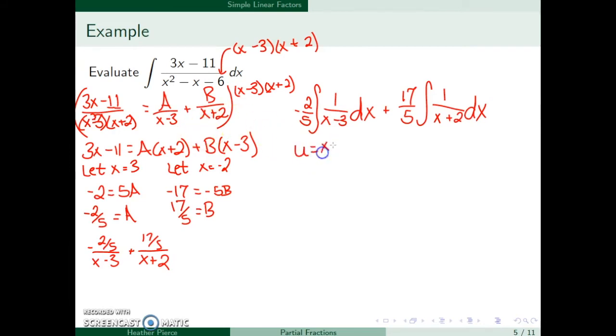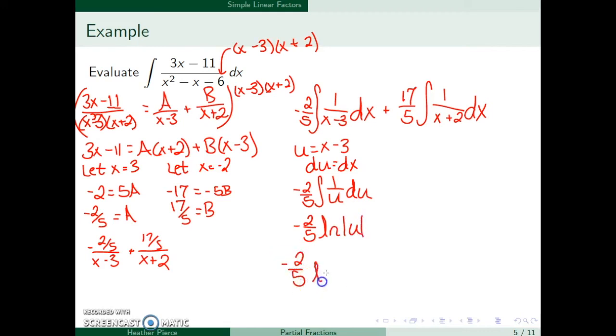I'm going to let u be equal to x minus 3. So du is equal to dx. That makes this first integral the integral of 1 over u du. So this will be negative 2/5 ln of u, or negative 2/5 ln of x minus 3.